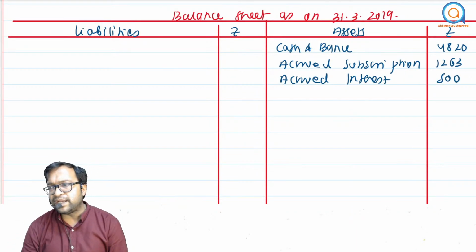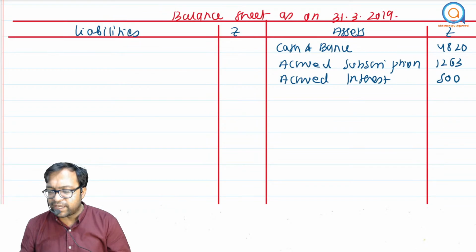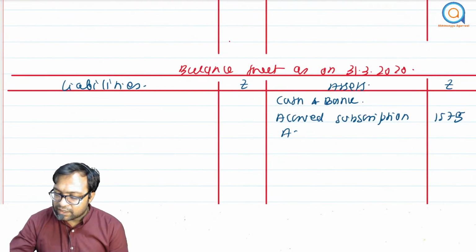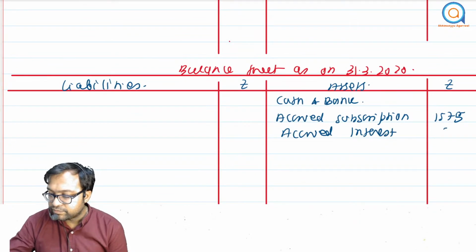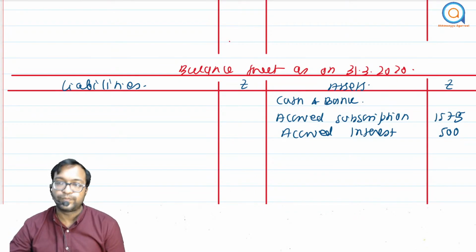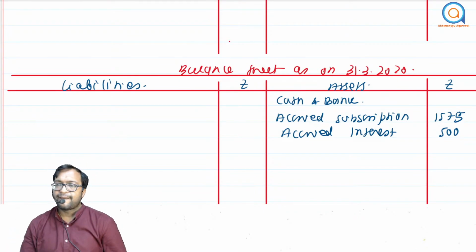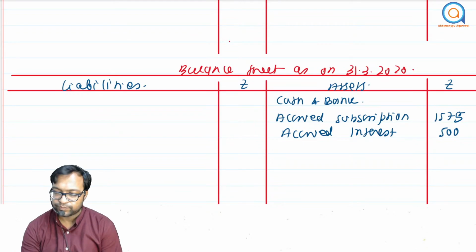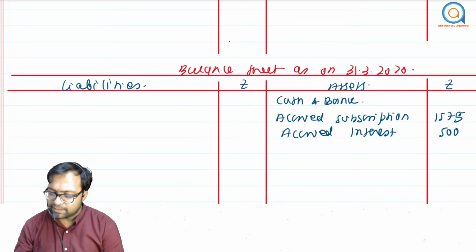In closing balance sheet, we'll go and write closing balance sheet में right now accrued interest 500. Correct? Things are fine. Let's proceed, sir.